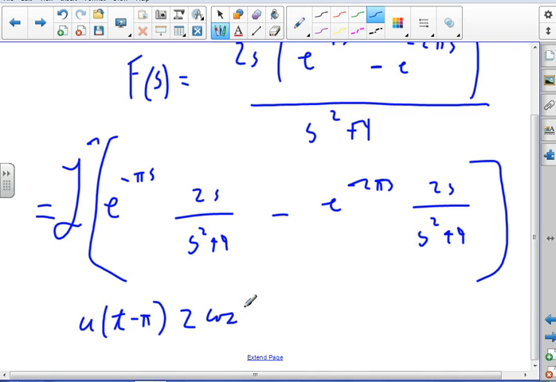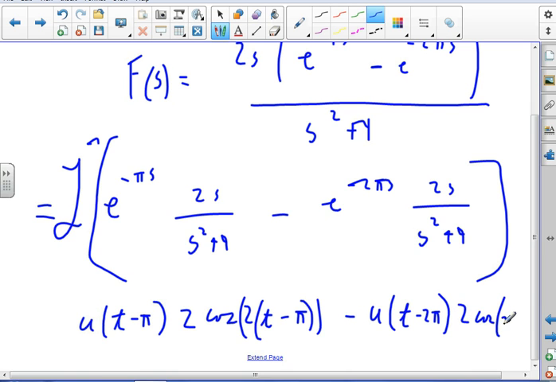Cosine 2 times t minus pi, minus unit step function u of t minus 2 pi times 2 cosine 2 times t minus 2 pi, in parentheses. Okay, good enough?